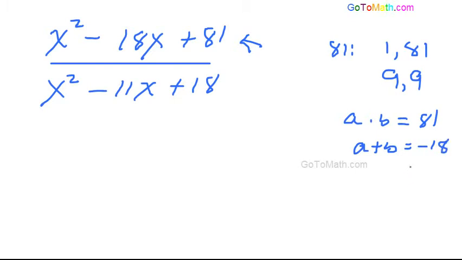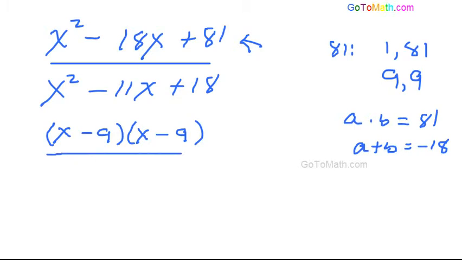It looks like the numerator is going to be x minus 9 times x minus 9, since negative 9 times negative 9 is positive 81, and when you add them, you get negative 18. Good enough. Alright, let's take a look at the denominator.